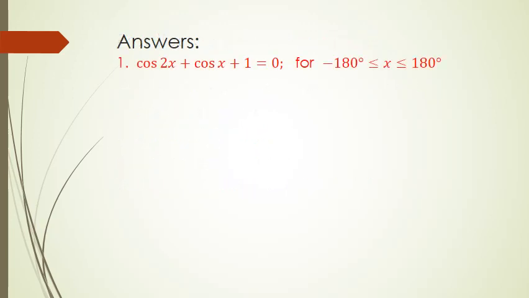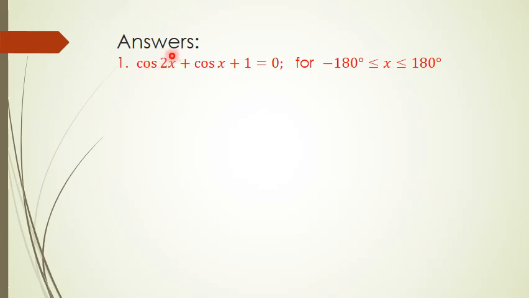Let's now look at the suggested answers. Question number 1, cos 2x plus cos x plus 1 equal to 0 for x lying between minus 180 degrees and 180 degrees inclusive. Since we have cos 2x here, we can substitute using a double angle formula.